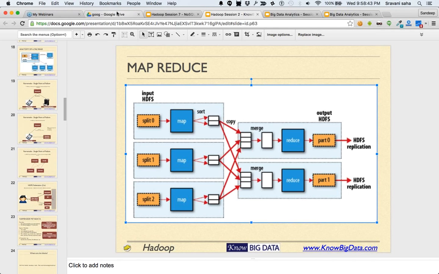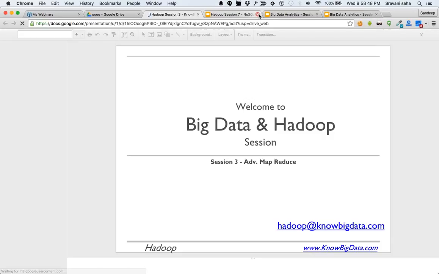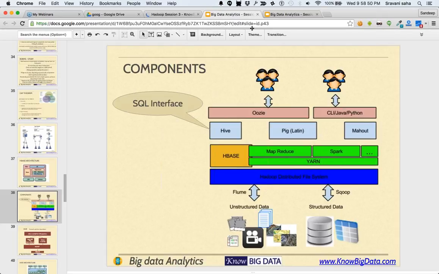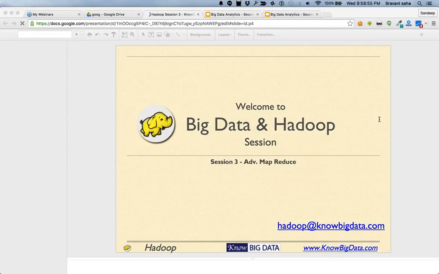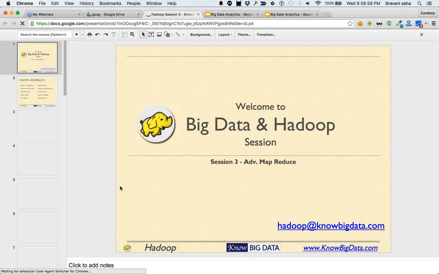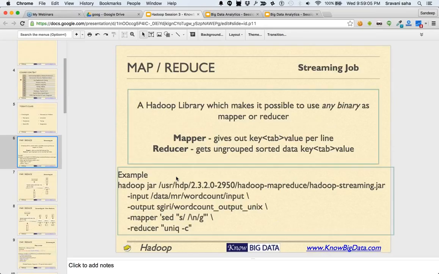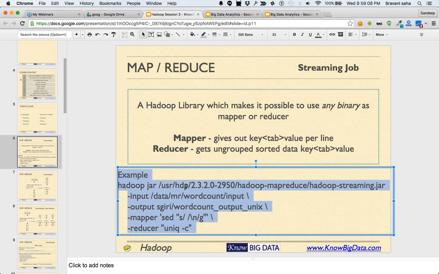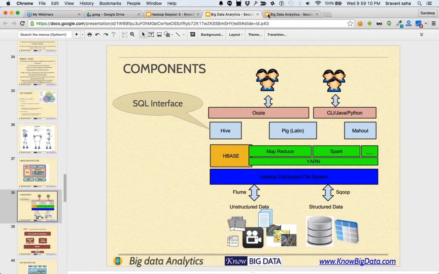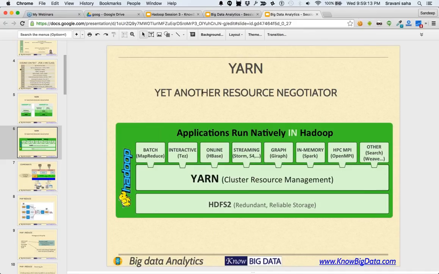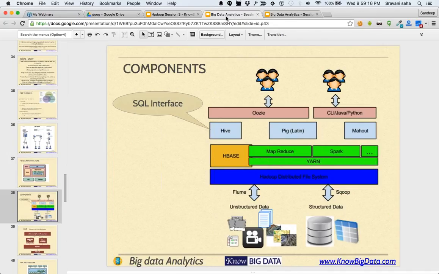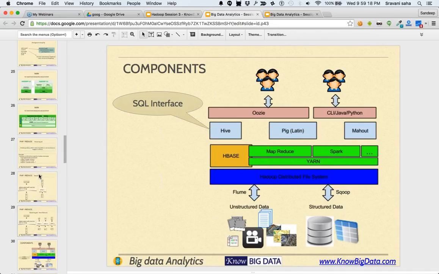Just give me a second. Since the cluster had changed, the commands have changed a bit.